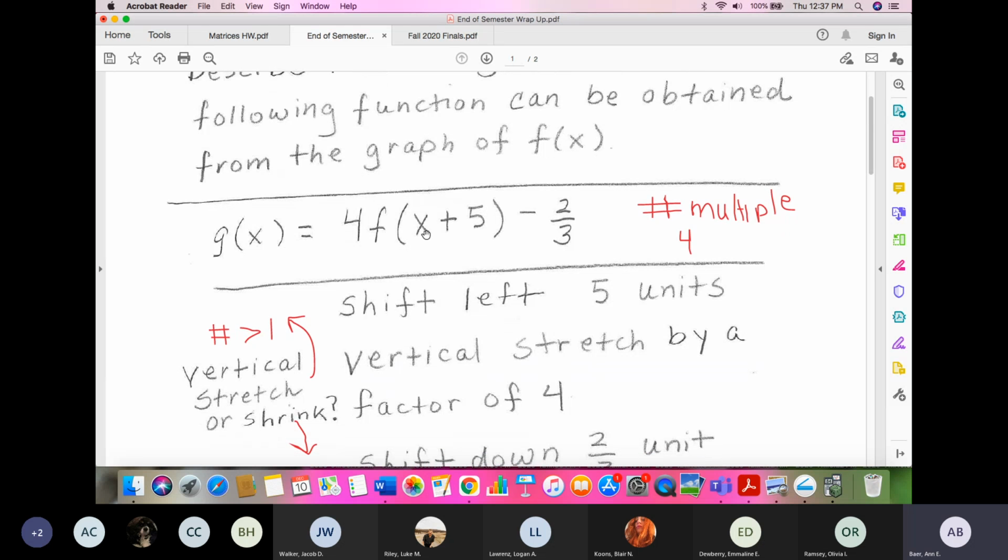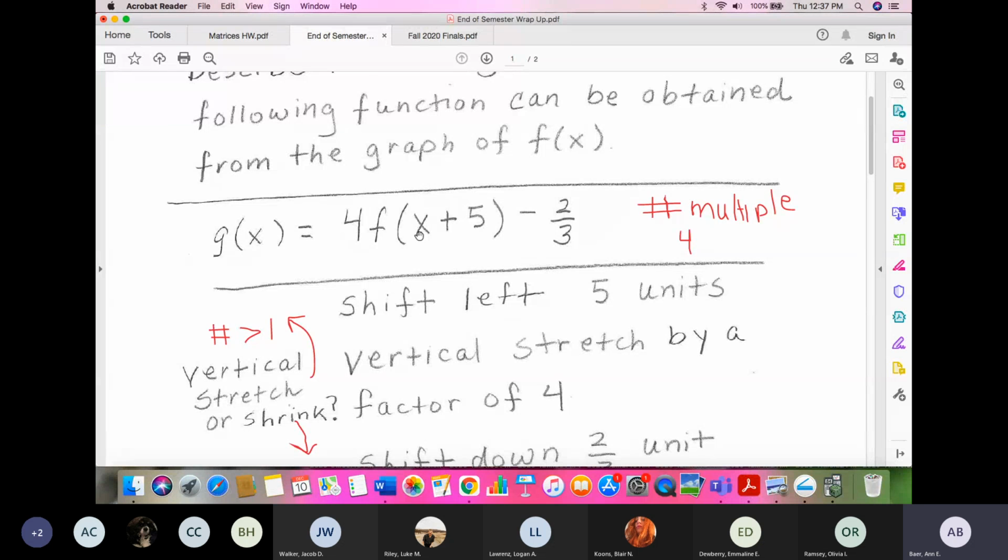PEMDAS, P for parentheses. We want to go inside the parentheses first. We are adding this 5 next door to the x. Does that work like we think or opposite of what we think? Does anybody want to answer that question?